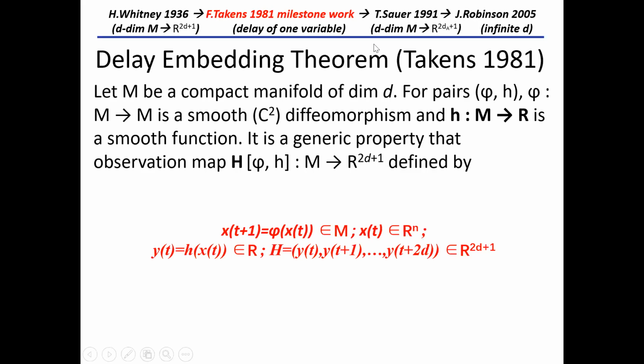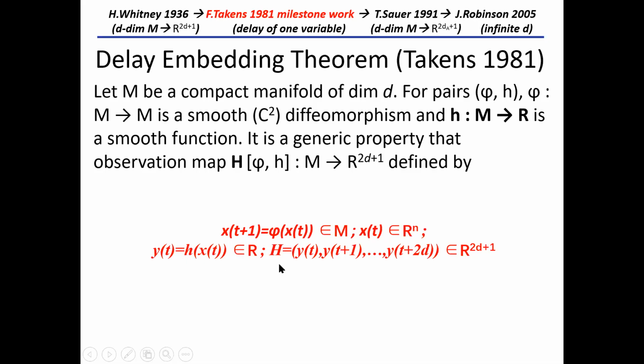So we show the delay embedding theory. Takens in 1981 showed that we have a nonlinear dynamic system in R^n, a high dimensional system, but it lies on a manifold. Then we get one observation variable, which we call y. It's one dimension; we just observe one dimension.